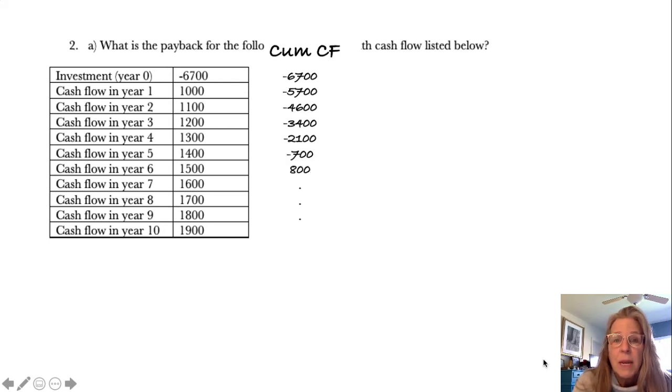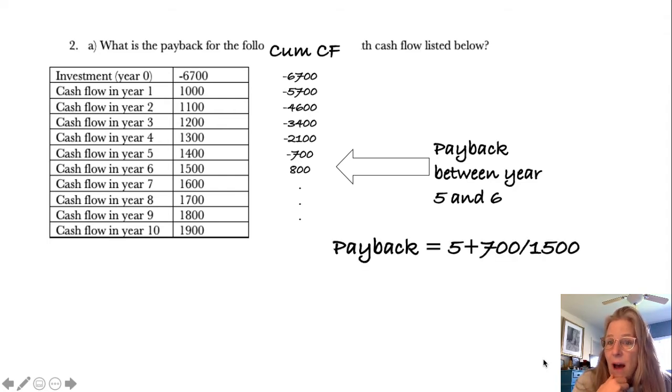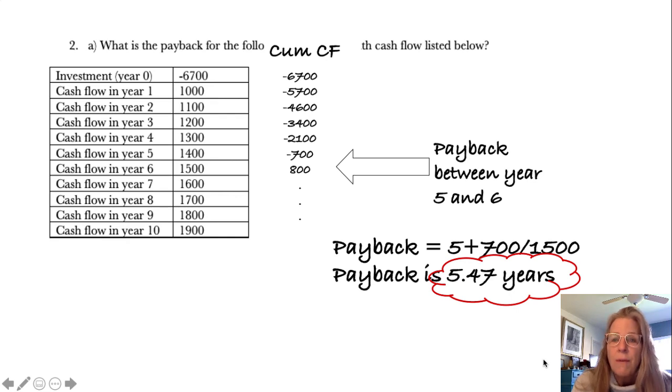That tells me that somewhere between year 5 and 6, I get a positive cash flow, and I need to figure out exactly where that is. So the payback is year 5 plus the $700 I need to get to 0, divided by the $1,500 that I'm getting in year 6. That gives me a payback of 5.47 years, or 5.5 years.